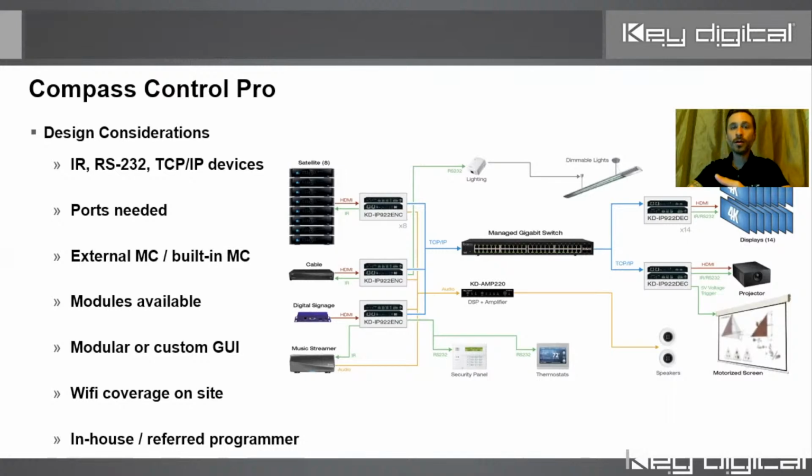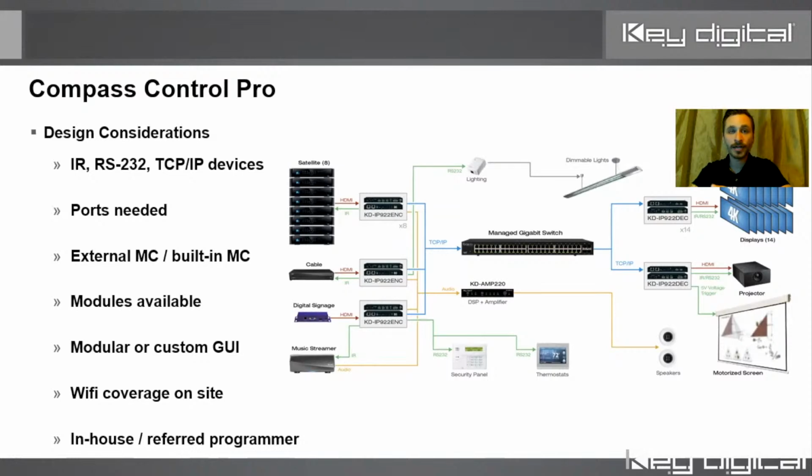So what are the design considerations when you are going to be working with Compass Control? You want to turn your iOS device into a professional control system, or your customer's iOS device into a professional control system. Well, you just need to count up how many devices you are controlling, and you need to determine if they will be controlled via IR, infrared, RS-232, or TCP/IP.